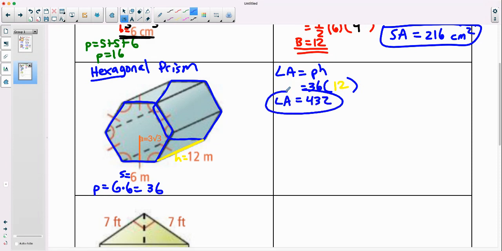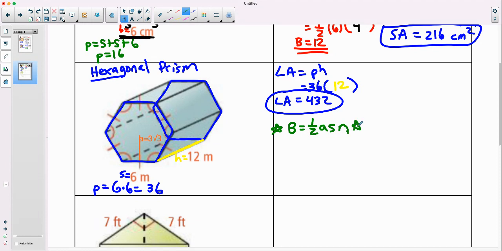That's all of the rectangles added all the way around. What we need to do next is find the area of one base and then double it, because there are 2 bases that are exactly the same size and area. Now we have to use 1/2 ASN to figure that out, because that's the formula for that shape.